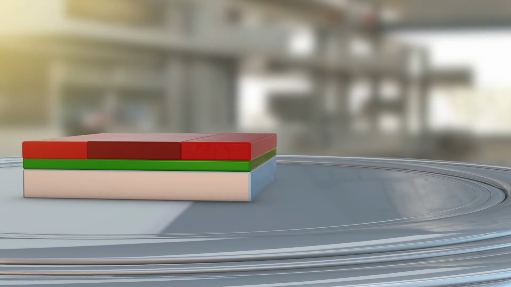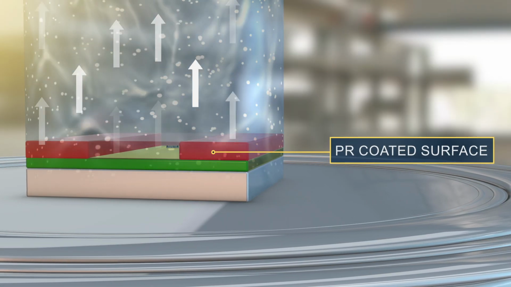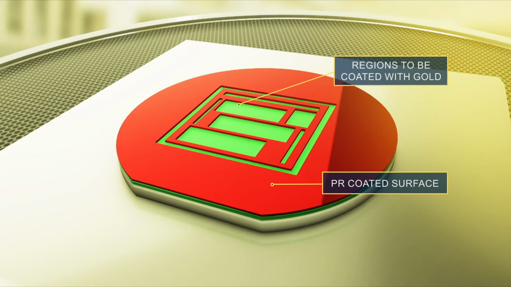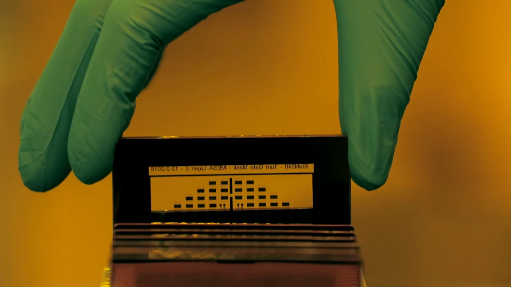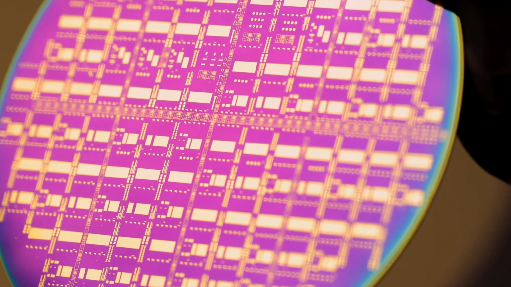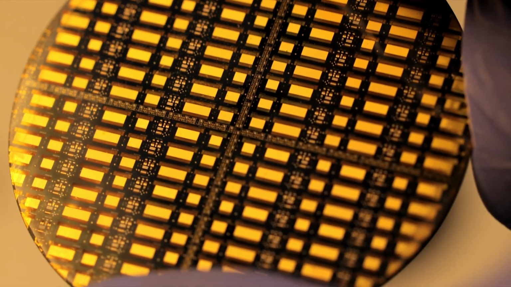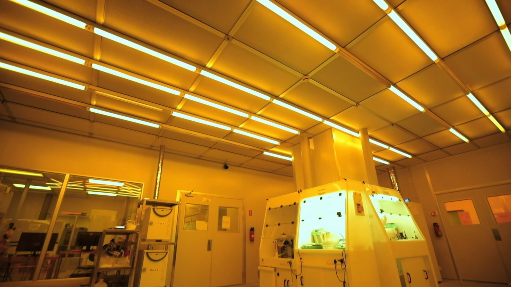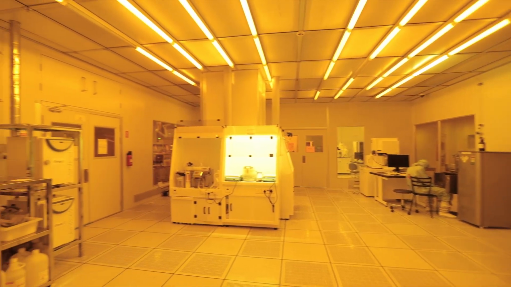In these regions from where the PR has been dissolved out and where the CVD material deposited surface is now seen, the metal pad pattern we desire in step 1 will be deposited. Now, you should be able to answer the question as to why the room is bathed in UV-filtered yellow light.